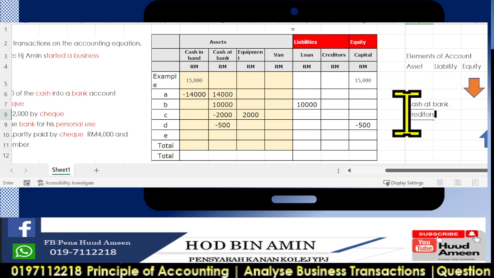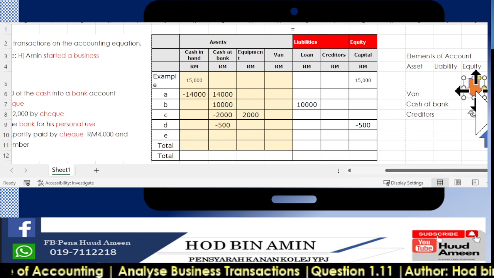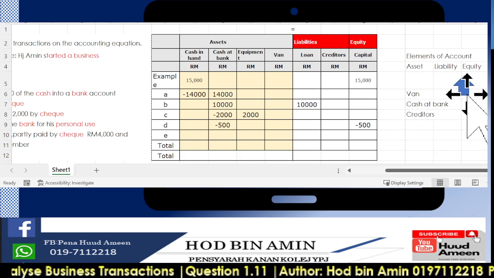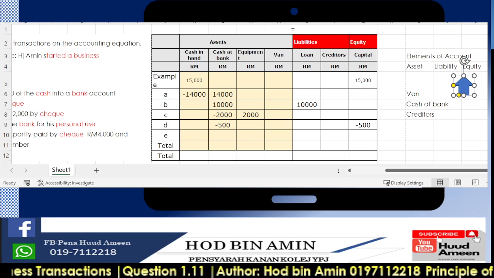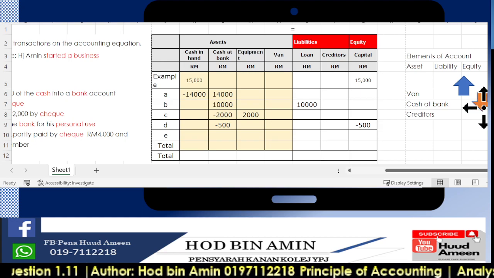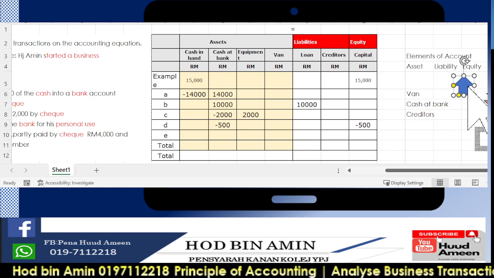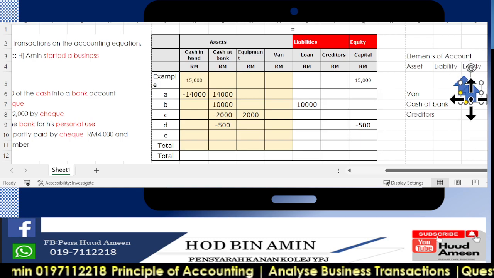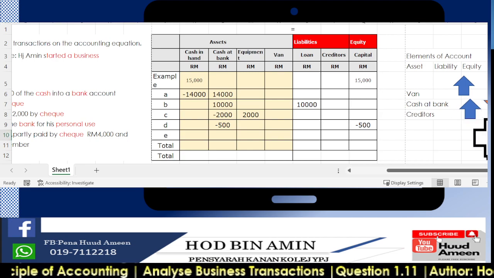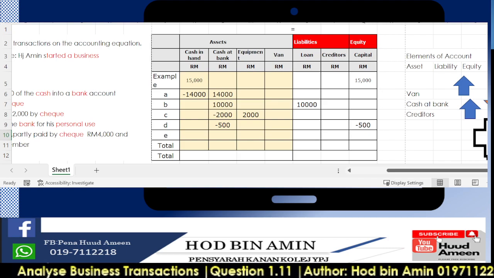For this purpose, because we have not used the creditors column yet, what is the effect of these three accounts? Our van will increase, because before this we don't have any van, and cash at bank will decrease, and creditors will increase. Why does this increase? Because before this we don't have any loan from your friends or creditors or suppliers.